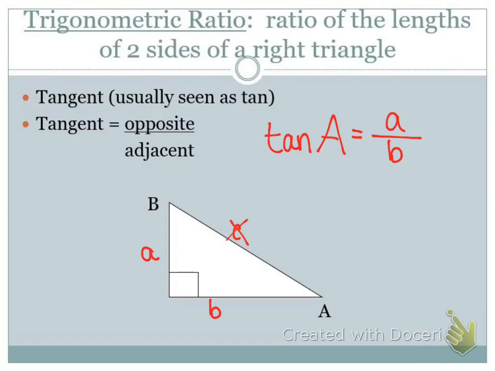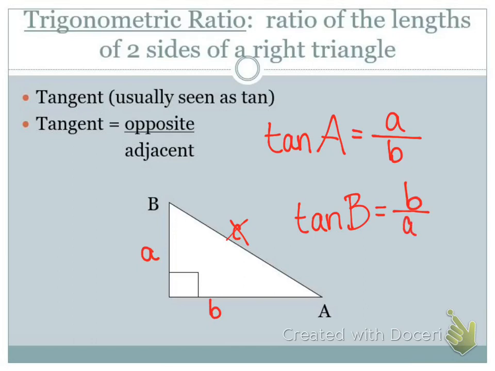Okay, so then let's also talk about angle B. Tangent of B. What side is opposite angle B? Little b, lowercase b. And what side is adjacent to angle B? Little a.